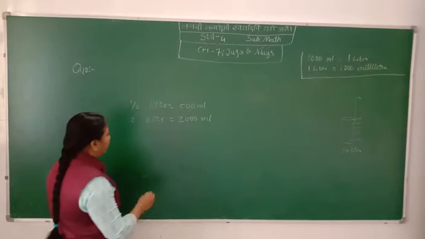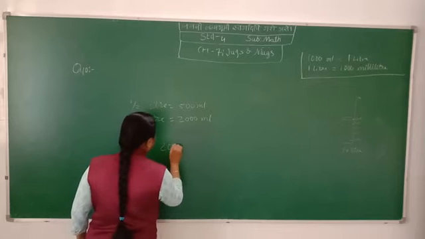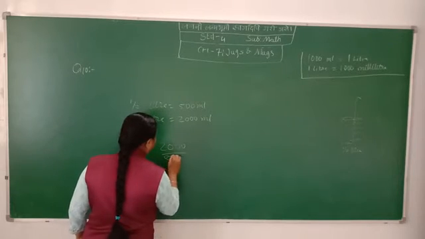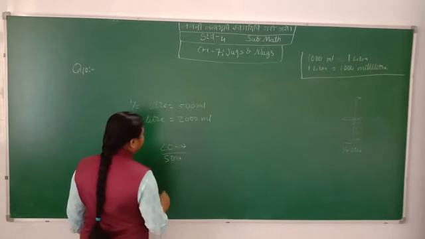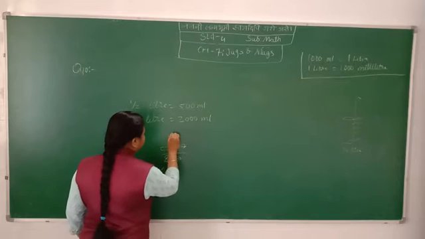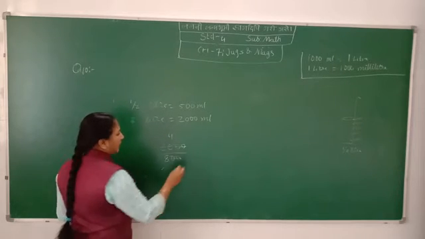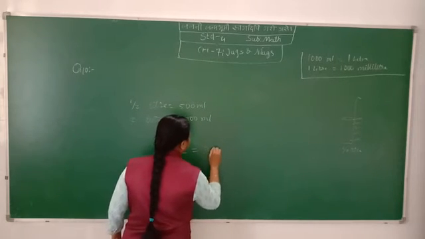What will we do? We will divide 2000 by 500. 5 fours are 20. That means 4 times.